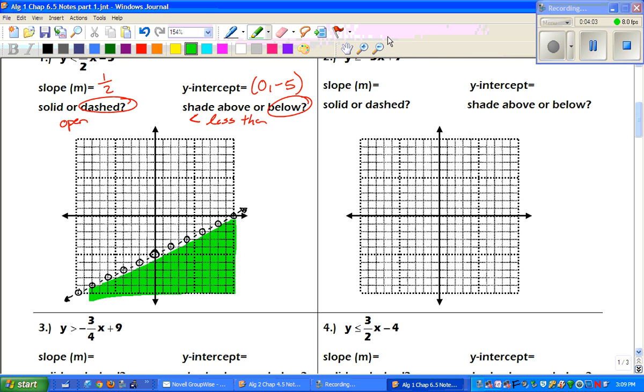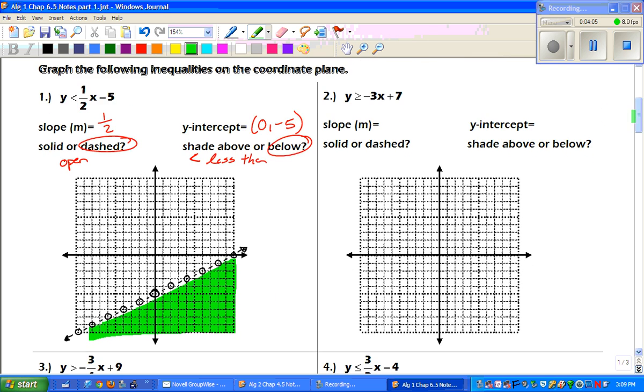So if we're asking ourselves what the answers to this are, or what a solution is, is (0, 0) a solution, which is right here? No, because it's not shaded in.